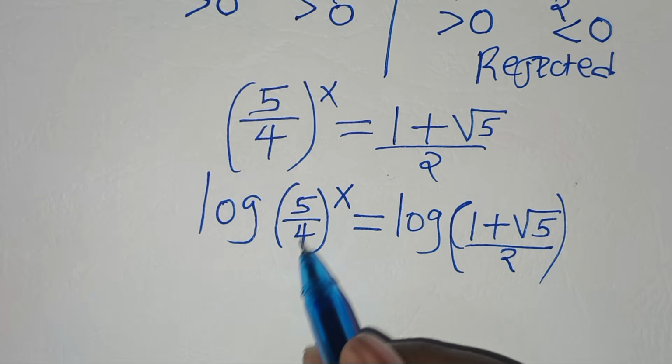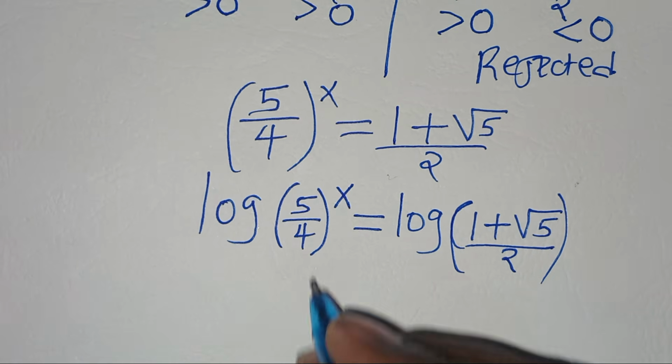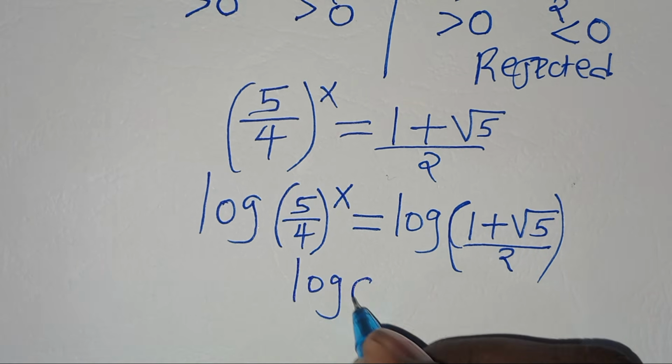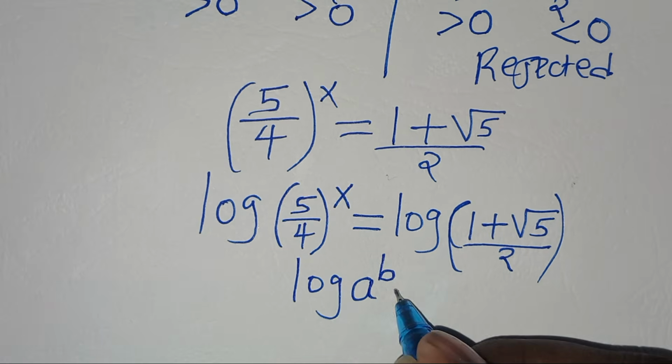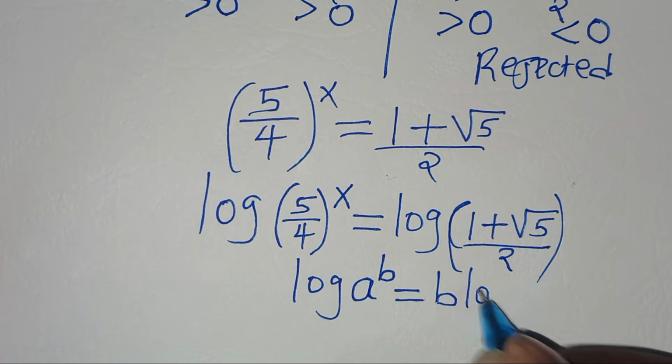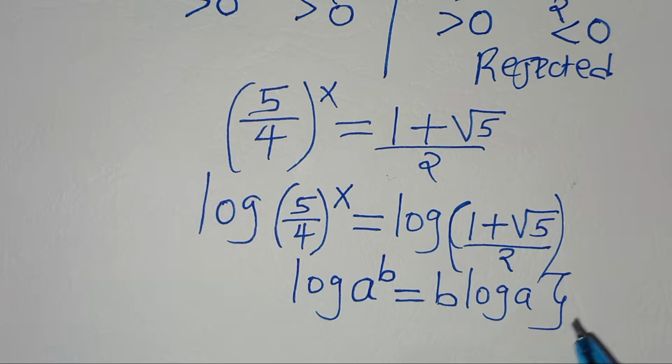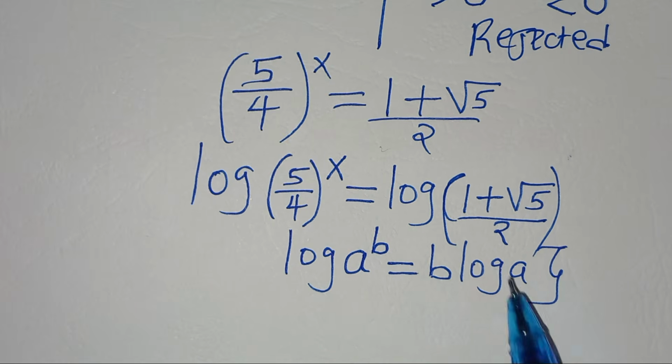We have that log of (5/4)^x is in the form of log a raised to the power of b, which we can express as b log a. Let's apply this power log property.